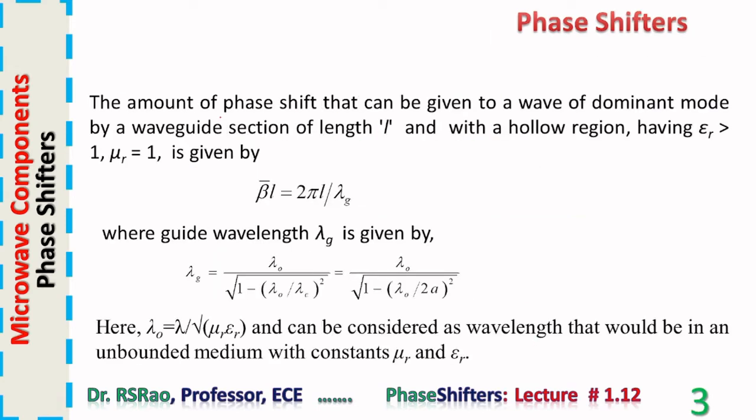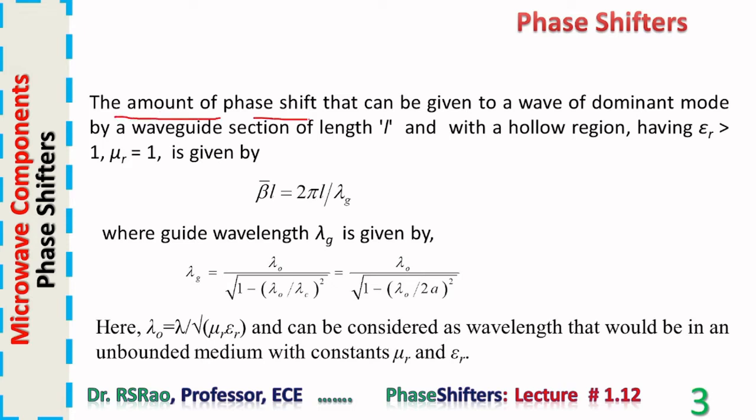The basic principle underlying the design of phase shifters. The basic idea behind the functioning of most of the phase shifters can be understood by considering the expression for guide wavelength in hollow pipe waveguides.